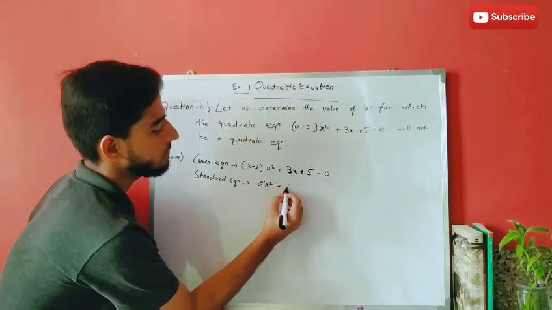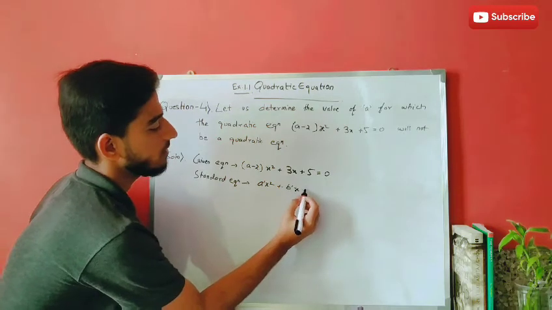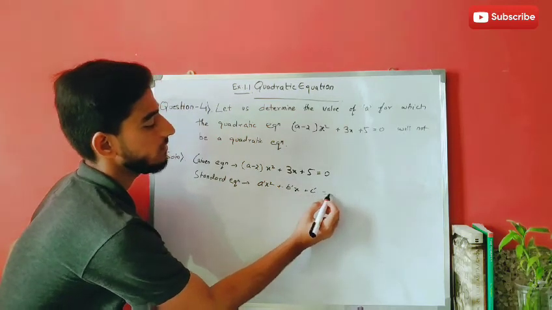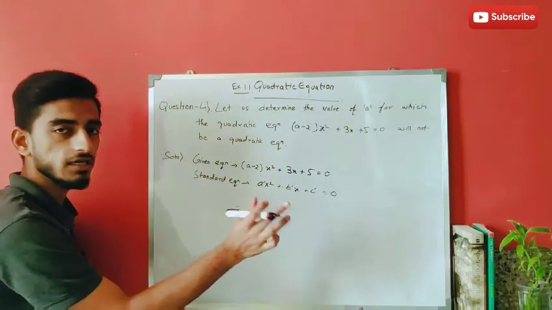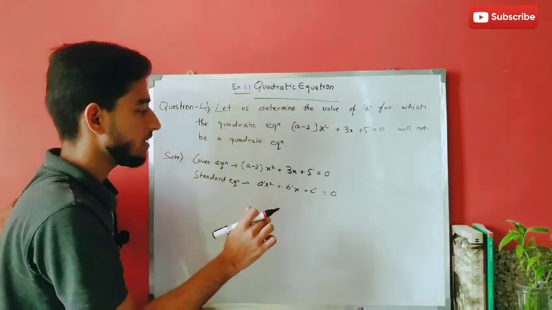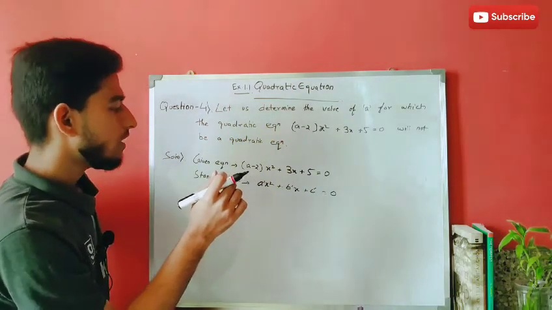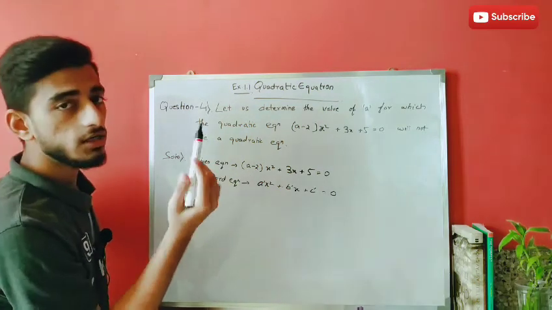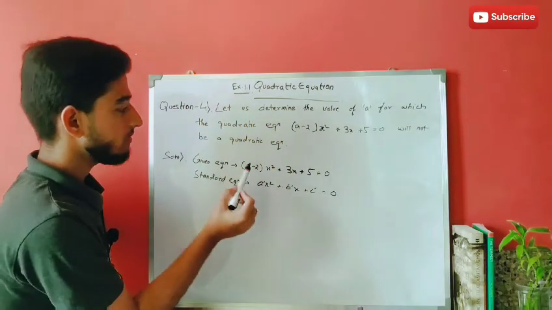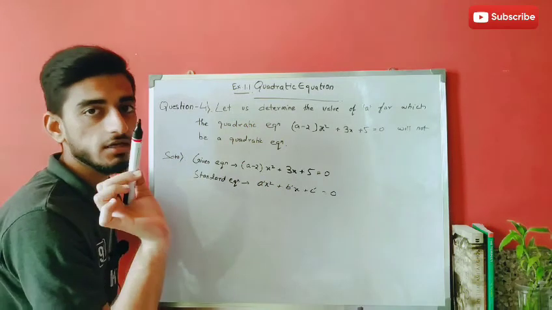So we use a dash x square plus b dash x plus c dash is equal to 0. Now they have told that this equation should not be a quadratic equation.